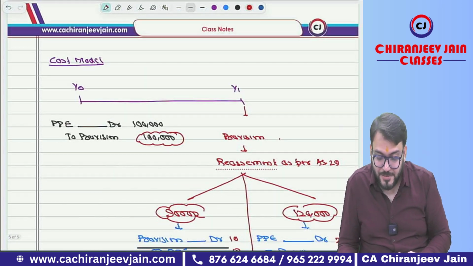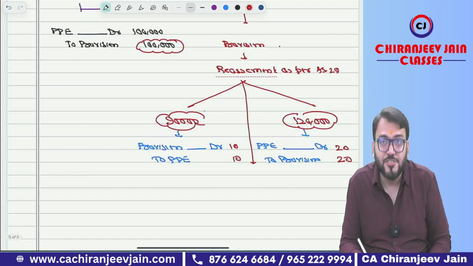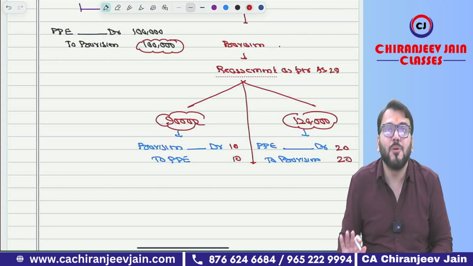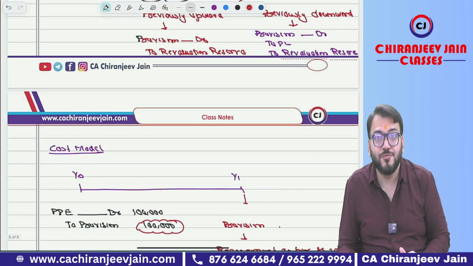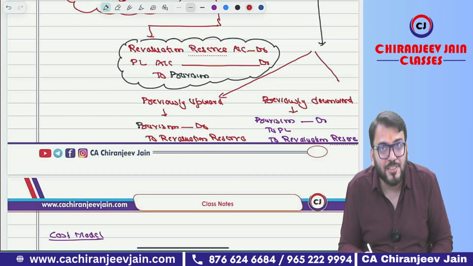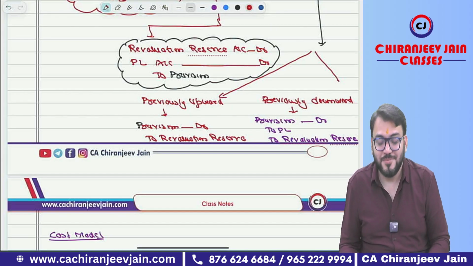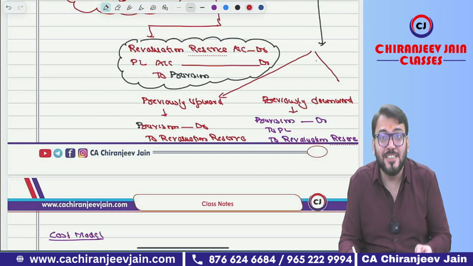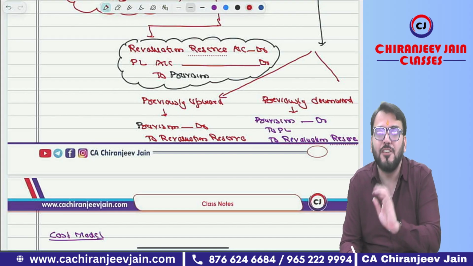If there is an increase in the amount of provision, the increase means loss. Then our journal entry will be revaluation surplus debited to the extent available, and the balance loss will be debited to PL. So revaluation reserve account debit, PL account debit, to provision. But if there is a decrease, that means gain, so that gain will be transferred to revaluation surplus.